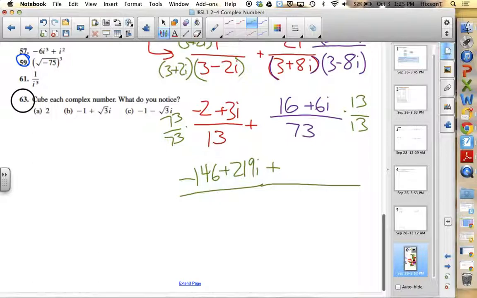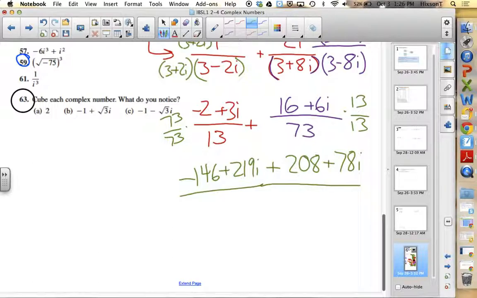Okay. 13 times 16 would be 208. Wait, hang on. 130 plus 78, yeah, 208. And then that would be 78i. Okay, and then 13 times 73, 730 plus another 219, 949.